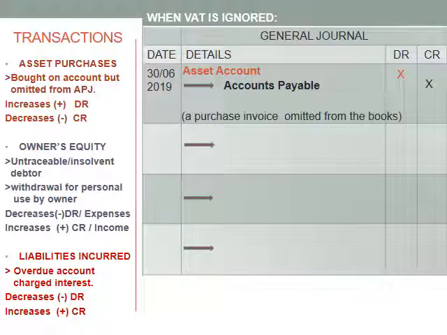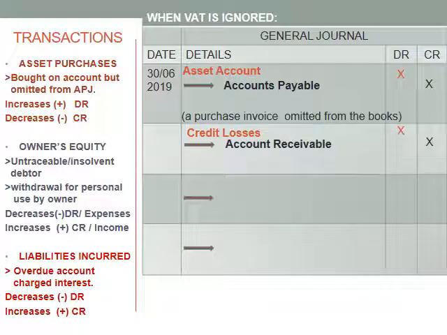Where we are incurring an expense because we are writing off an untraceable or insolvent debtor, then the credit loss as an expense will be debited, the accounts receivable credited, narration: bad debt written off.